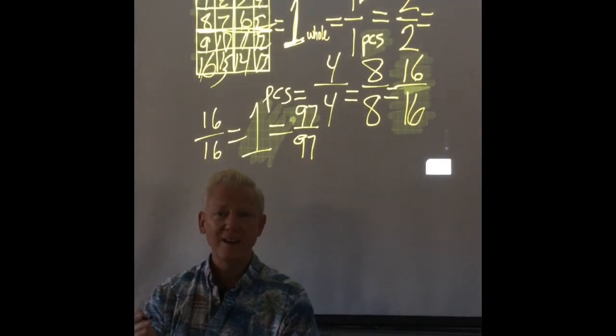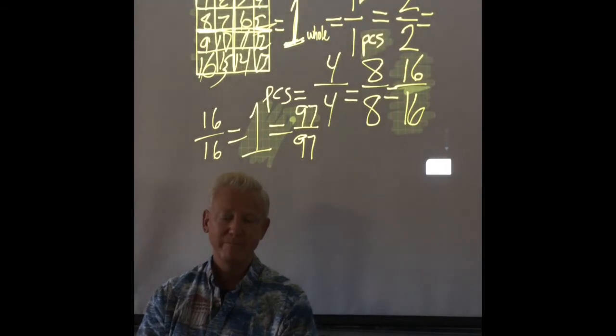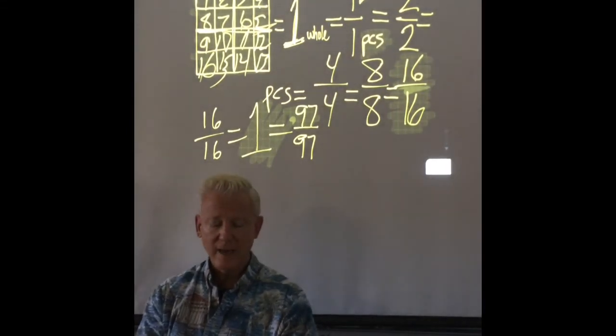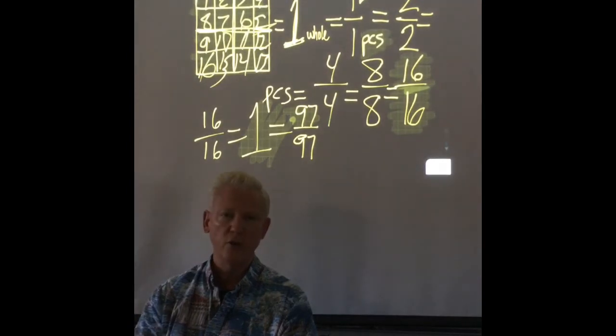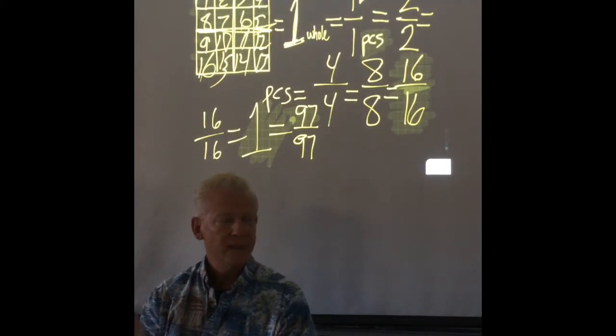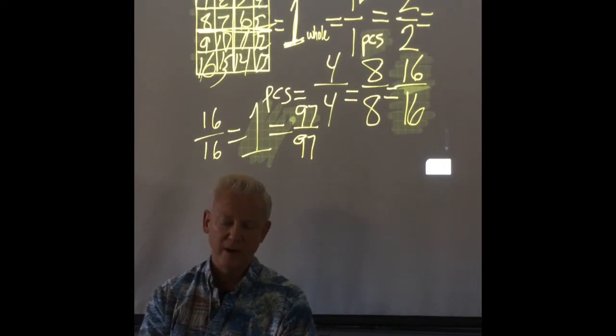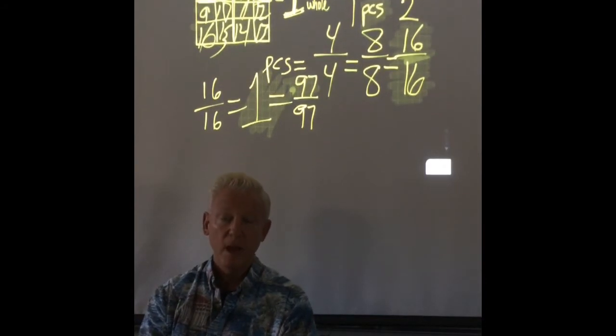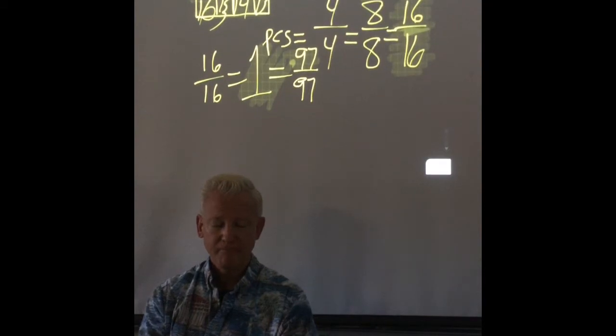Now, that's a super big number, and it seems like we have a lot, but we only really just have 1. So 1 equals 97 over 97, 32 over 32, 57 over 57, no matter what the number is, it's going to work out that way. Does that make sense? All right, let's move on.